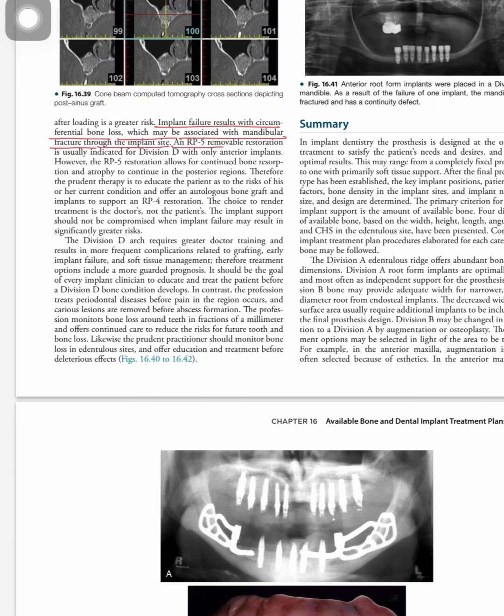An RP5 removable restoration is usually indicated for division D with only anterior implants. However, RP5 restoration allows for continued resorption and atrophy to continue in posterior regions. Therefore, the prudent therapy is to educate the patient as to the risk of his current condition and offer autologous bone graft and implants to support an RP4 restoration.